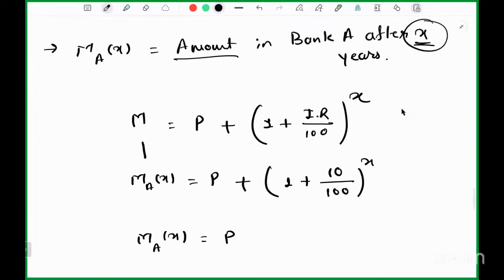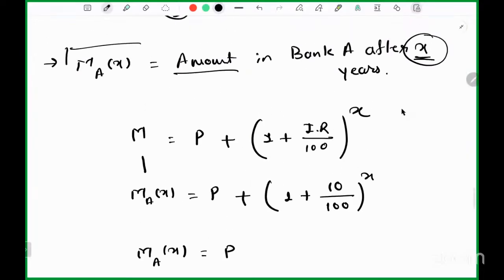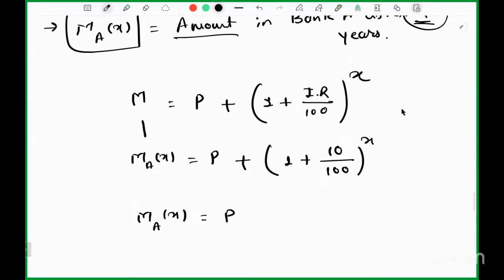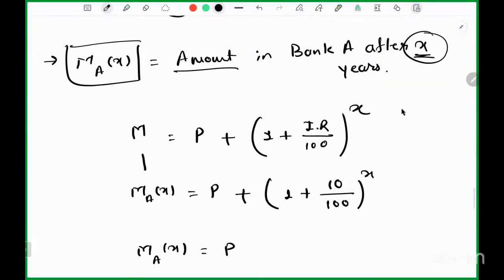Yes, but I'm saying that MA of X is a function, and obviously we have to figure out what MA of 10 is, because at 10 years, what will happen. As a function, if you consider X number of years, then you take X only.